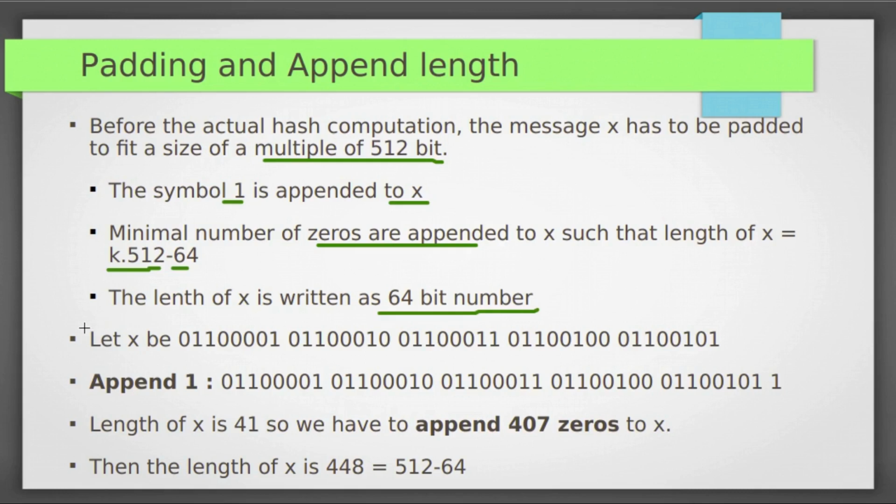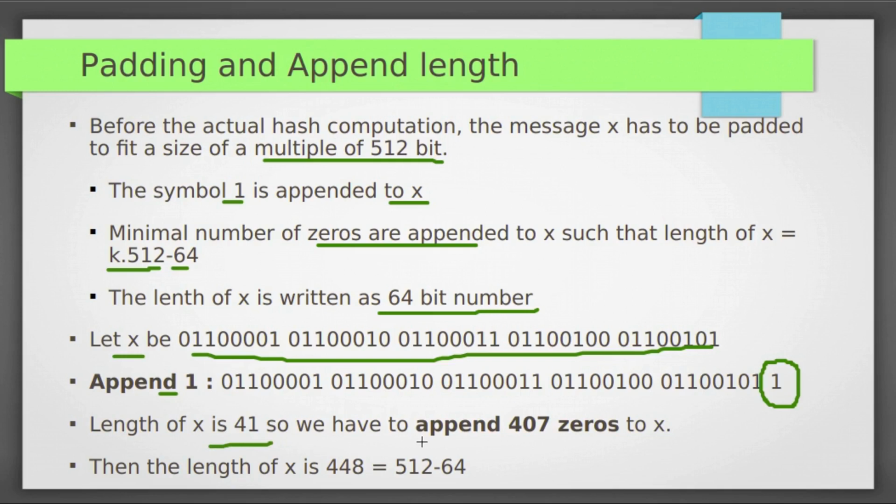To make it clear, let's take one example. Assume our message is this one. Call it as X. First step, we need to append 1. This is our message, so here we are appending 1. Second step, now length of the message is 41.